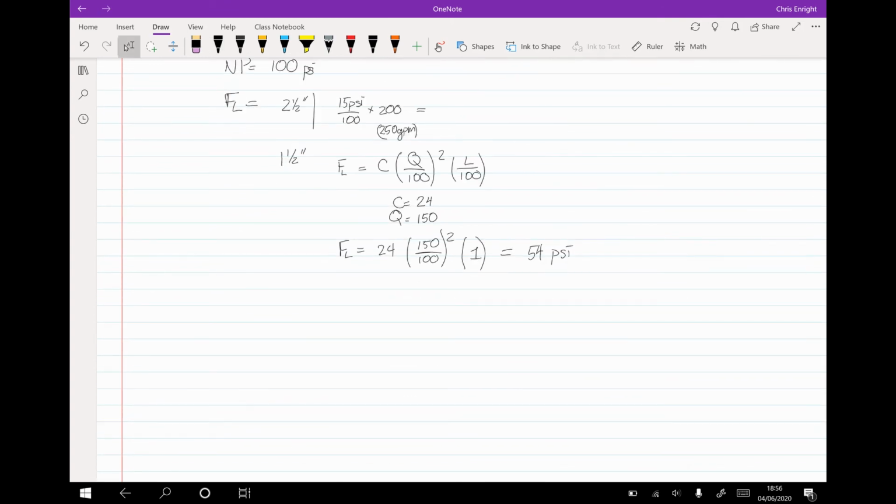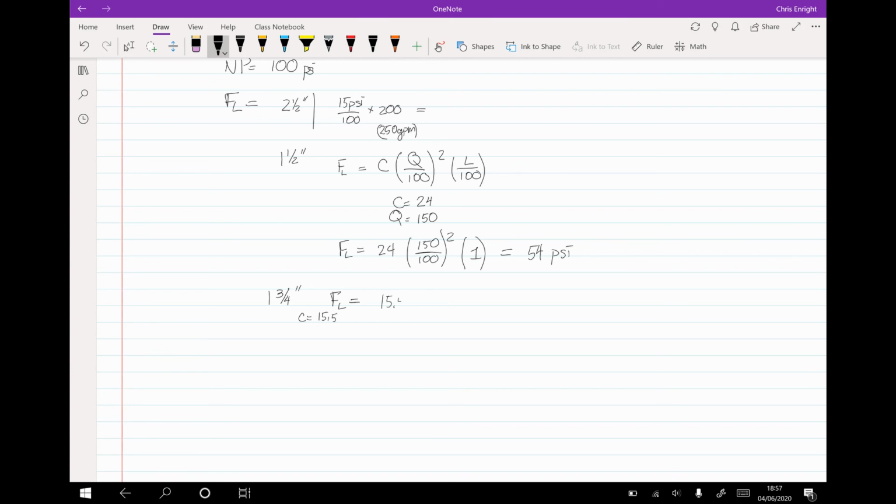If we wanted to do this for the 1 3/4, just for fun, because we have plenty of time and this is no big deal. Friction loss then would be equal to its C is going to be, assuming the same GPM, its C is going to be 15.5.